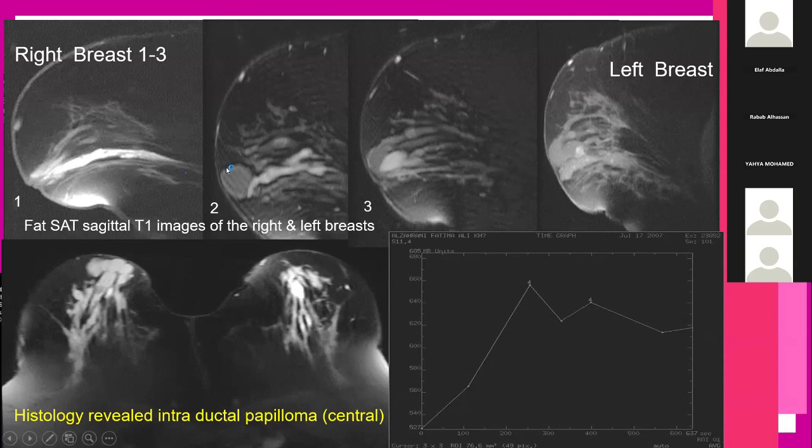On post-contrast, the right one demonstrates no significant ductal enhancement, but the lesion on the left side demonstrates significant enhancement even with washout, proven to be intraductal papilloma.